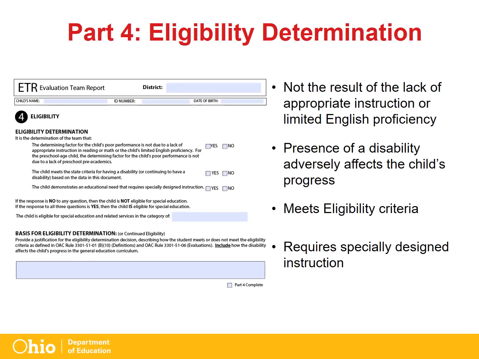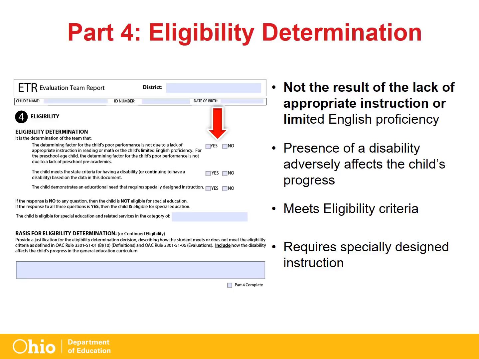Part 4. Eligibility Determination. A group of qualified professionals and the parent determine whether the child is a child with a disability. The team must verify that the determining factors for the child's poor performance is not the result of a lack of appropriate instruction in reading or math or limited English proficiency.